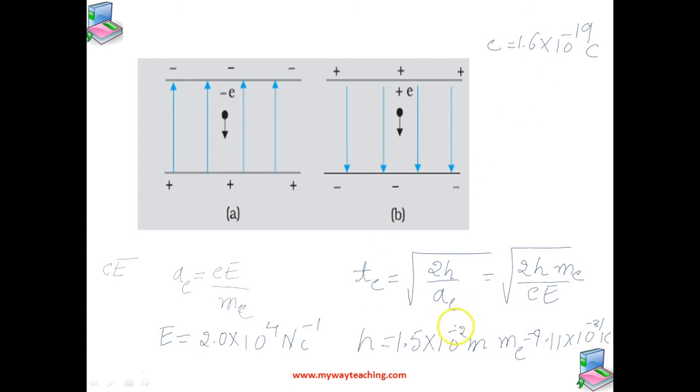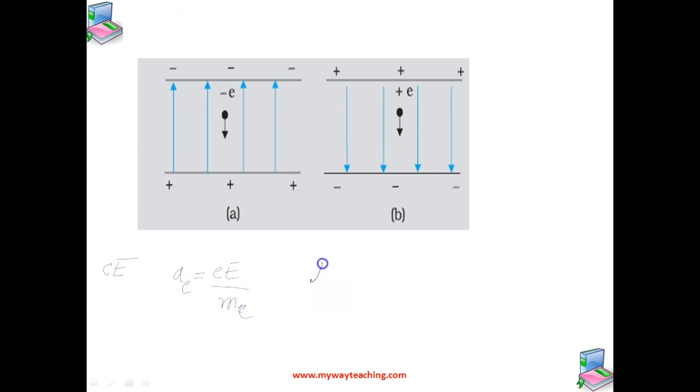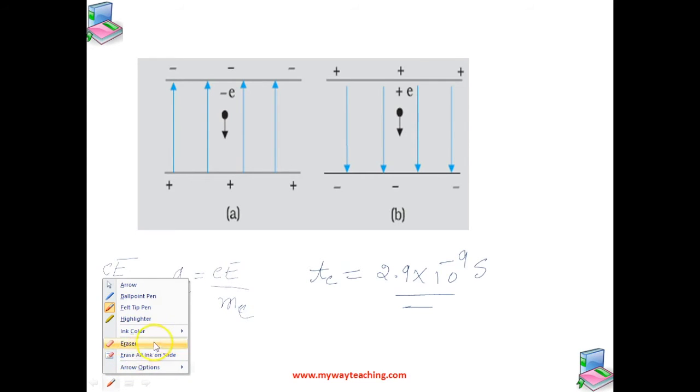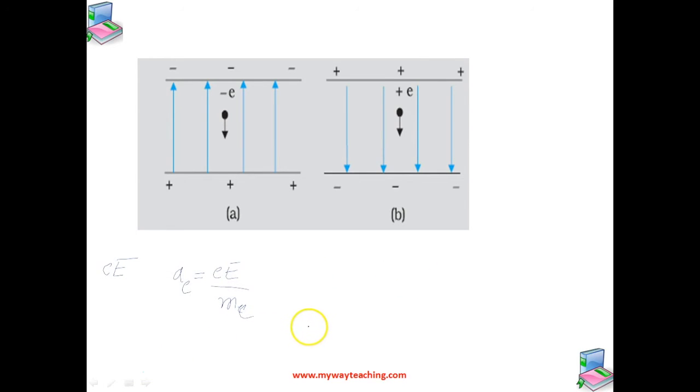So after substituting all those values in this equation, we get the value of t_e, which is equal to 2.9 into 10 raised to minus 9 seconds. This is the first part.